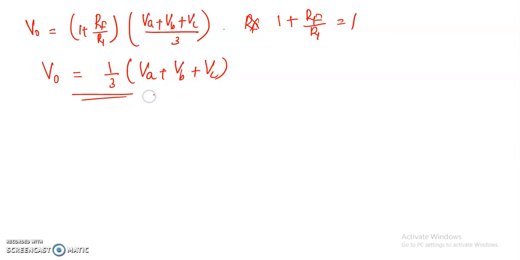This is the case of an averaging amplifier. That is, if we choose the gain of the amplifier as unity, we obtain VO equal to 1 by 3 into VA plus VB plus VC.